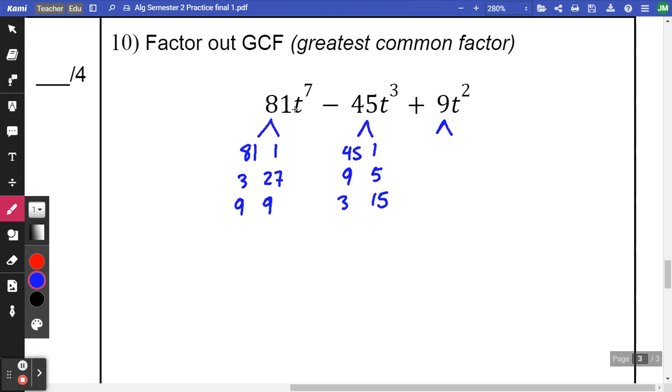And for 9, we have 9 and 1, and 3 and 3. So they all have 3 in common, but the highest number that they have in common is 9, right? We can divide everything by 9. So for the numbers, 9 is my greatest common factor.